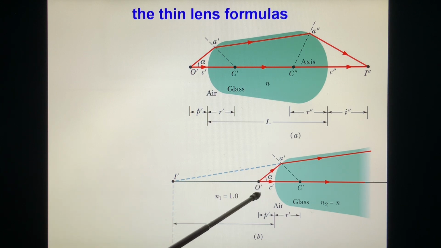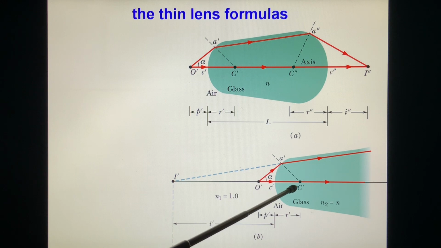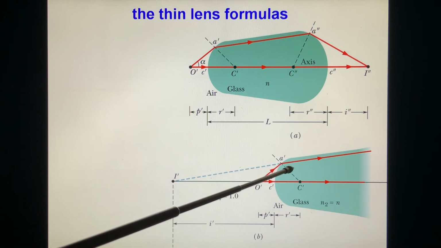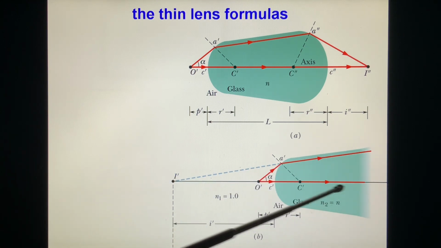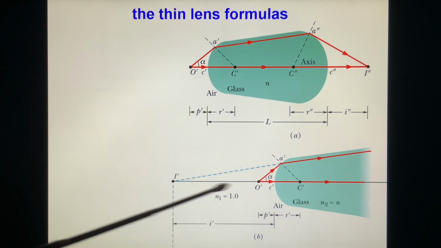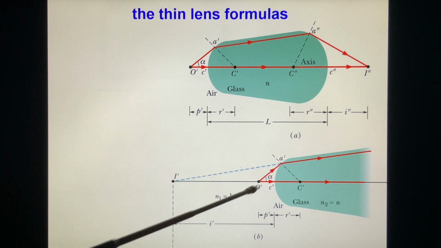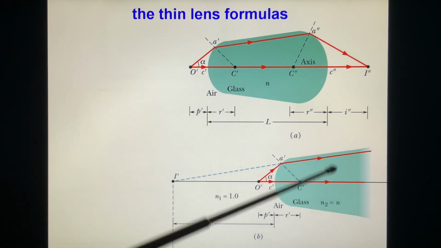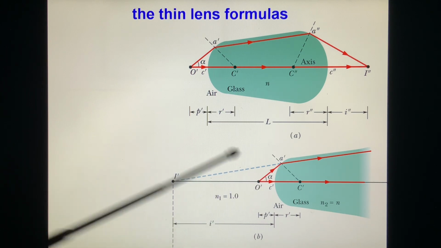The ray from the object hits the surface, and with the perpendicular normal, it refracts from here. This line intersects with this line, the one that never changes direction, at the center. So this is the image, and we call it i prime. In this case, it is a negative number because it is on the same side as the object.